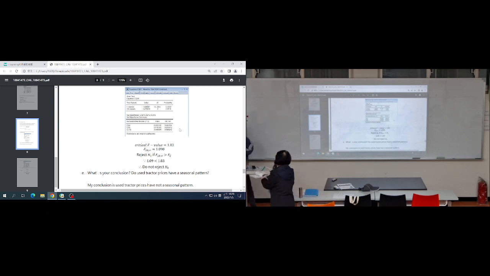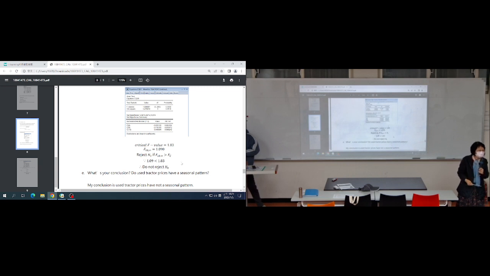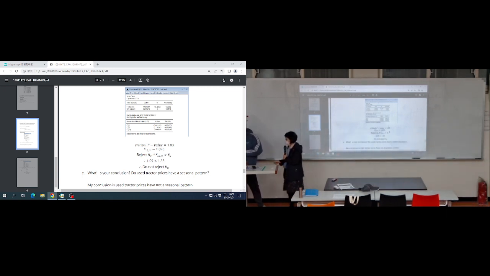Okay, use my tables. Everybody look at this one. This F statistics with 3 degrees of freedom in the numerator, and we have alpha level 5%. So what is the critical value?